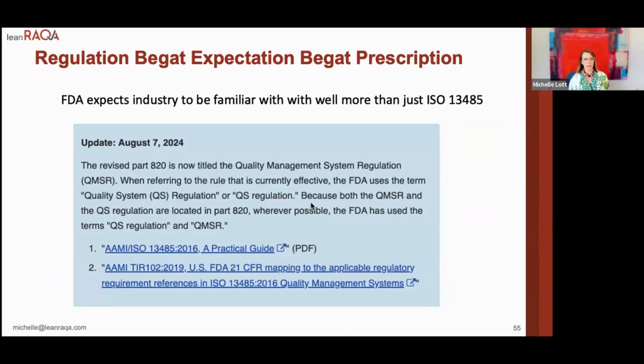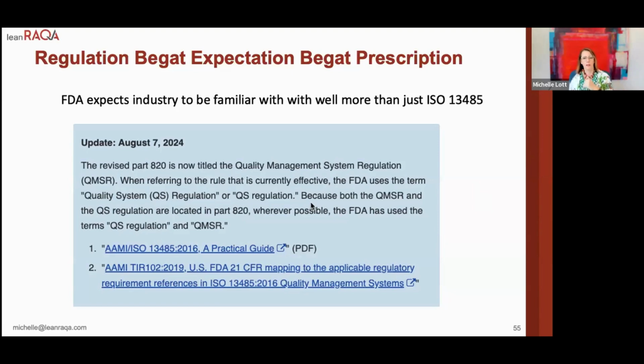So in a biblical context, the regulation begat expectation, and that begat prescription. By that, we start with the QMSR, and the FDA basically said, and this is on their FAQ page, I'm not making this up. I've had people argue with me about it, that's why I'll put this in here. Michelle's not making this up. The FDA starts with the QSR. They said 820 is now titled Quality Management System Regulation.